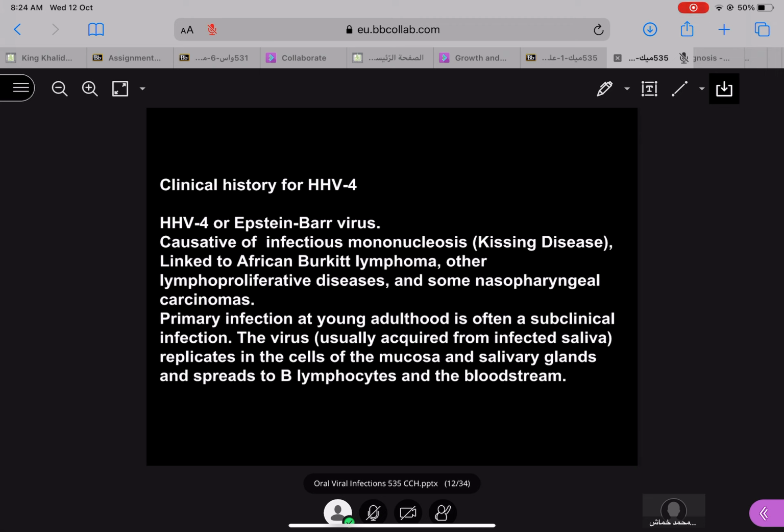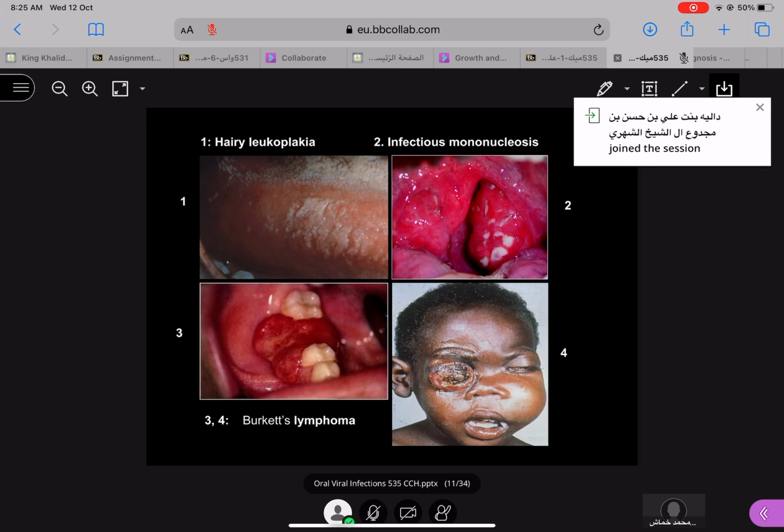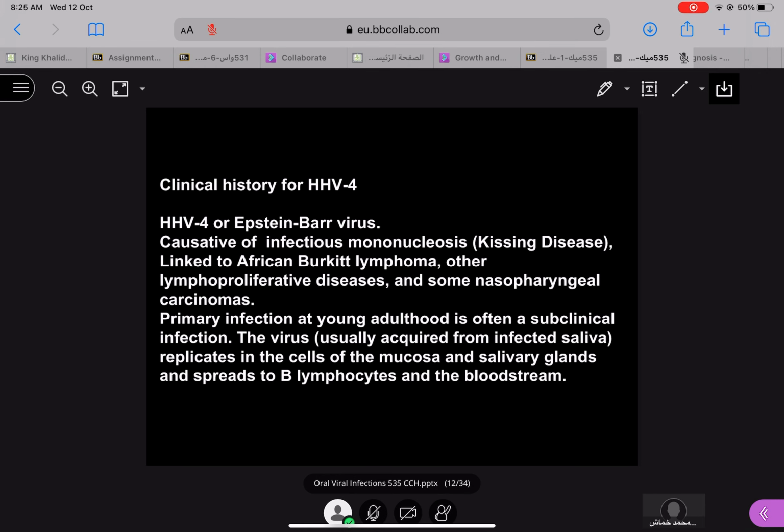Clinical history of the fourth herpesvirus, which is Epstein-Barr virus, the cause of infectious mononucleosis, linked to African Burkitt's lymphoma. This is what we see now, Burkitt's lymphoma, caused by Epstein-Barr virus.